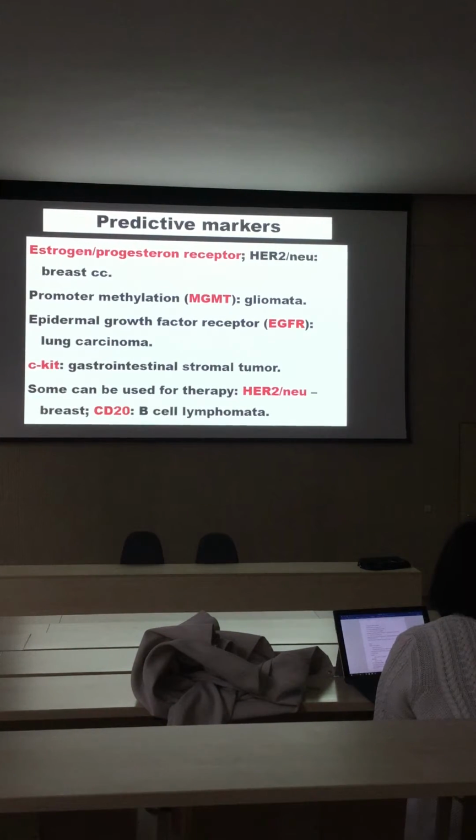And EGFR in lung carcinoma, c-KIT in GI stromal tumors.